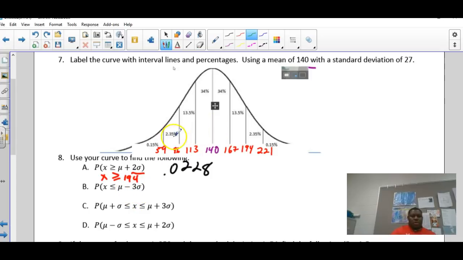So here's mu, 1, 2, 3. Here's minus 3 standard deviations. So that's 59. We're saying less than this, so that means less than 59, which means 59 is the upper bound.